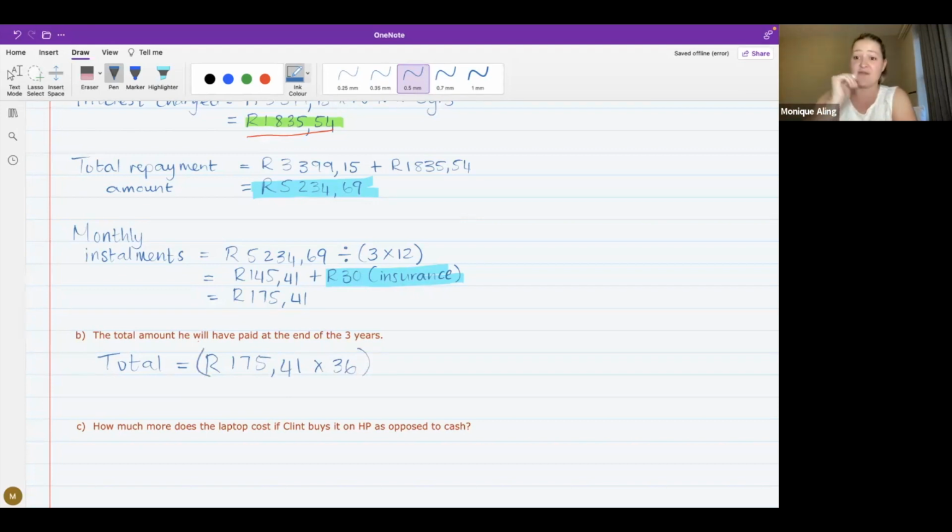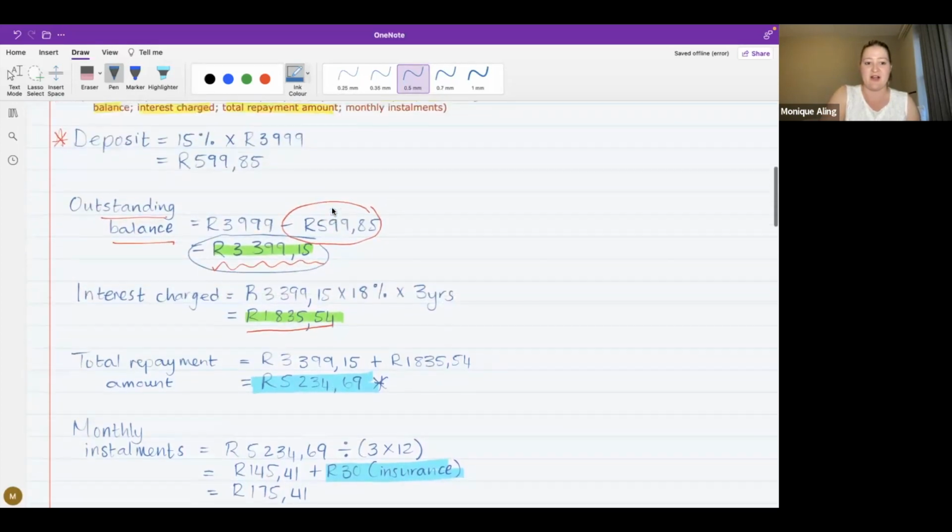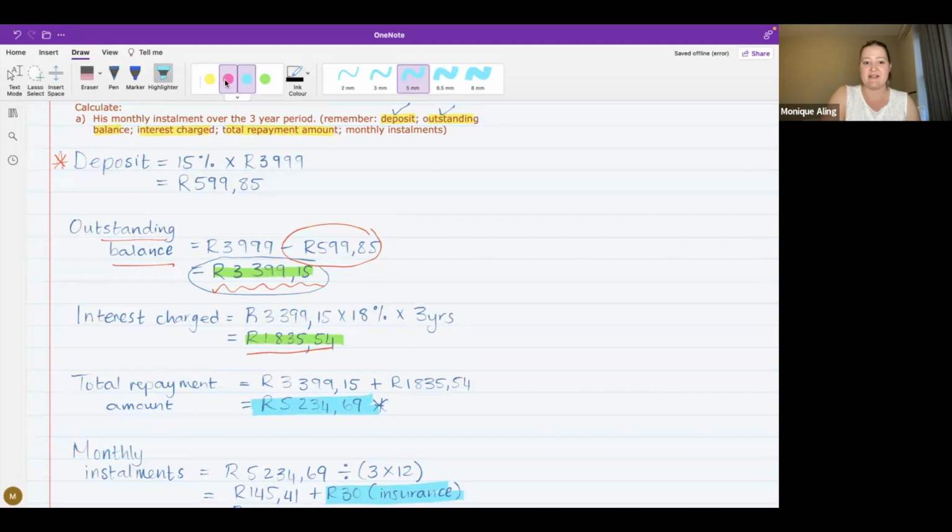But I actually also forgot, and Zoleka reminded me, there's something else that was paid. Clint has already made a payment. That's included in his total payment. It's not over here. What did Clint pay up front? So if I go back, remember, Clint paid this amount.